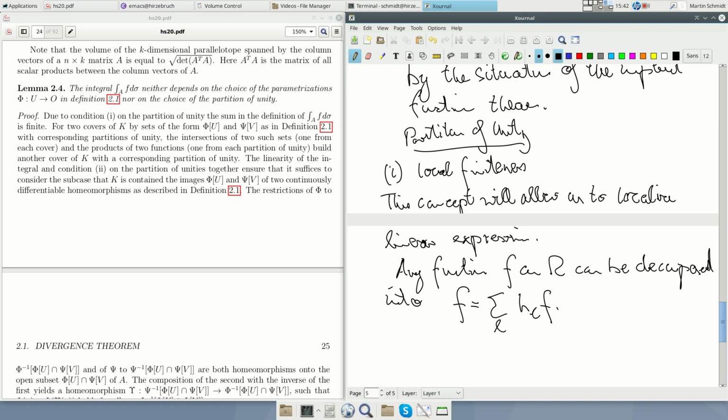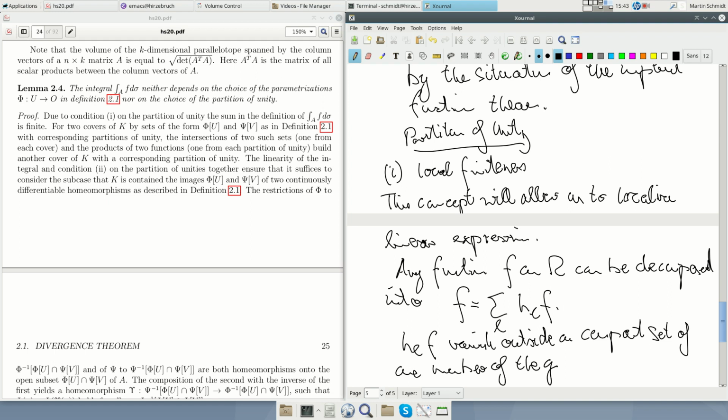So we have these members of the partition of unity, multiply this by f, and these functions h_l f vanish outside a compact set of one member of the given open covering.